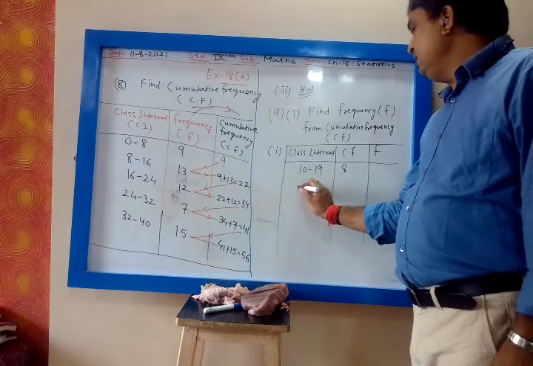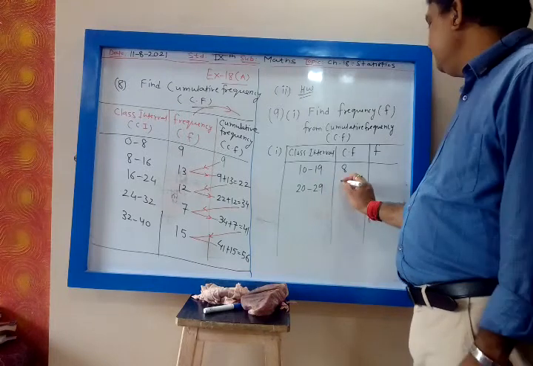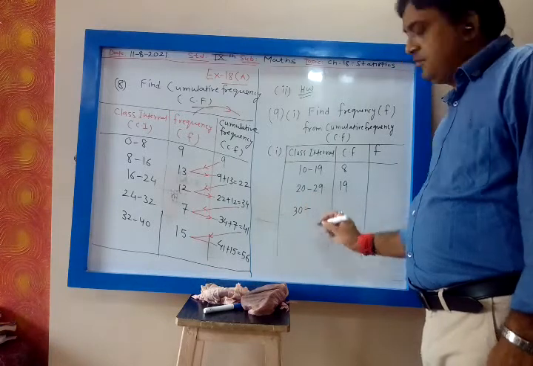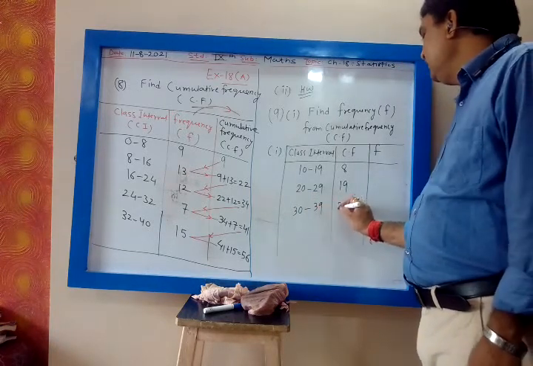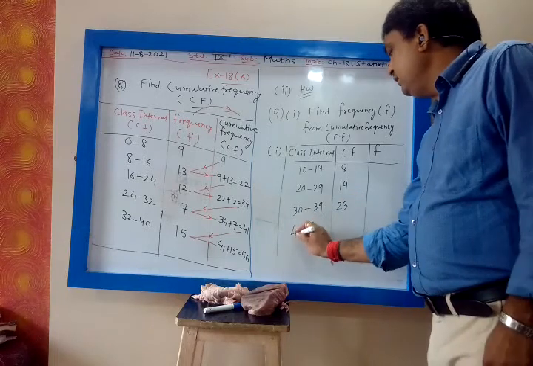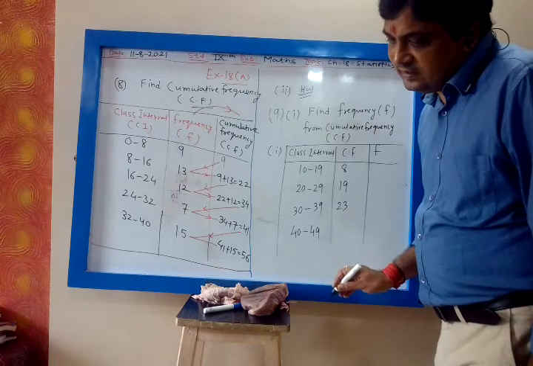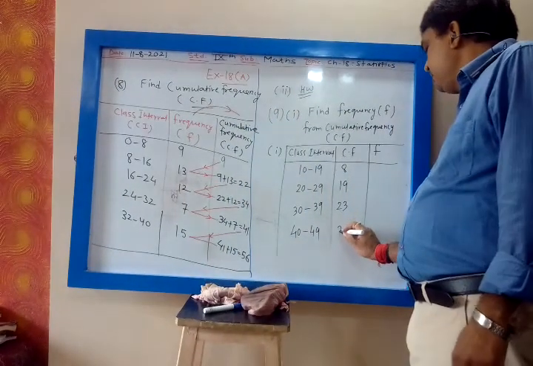Then 20 to 29, CF is given 19. Then 30 to 39, CF is given 23. Then 40 to 49, CF is given 30.